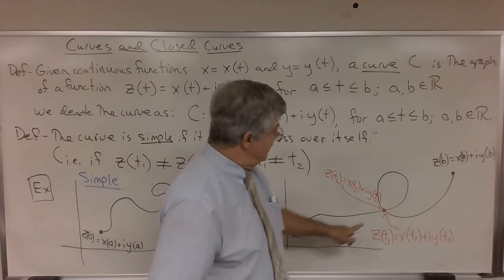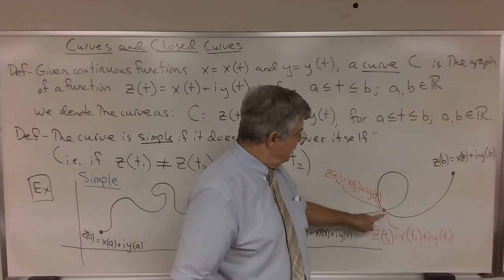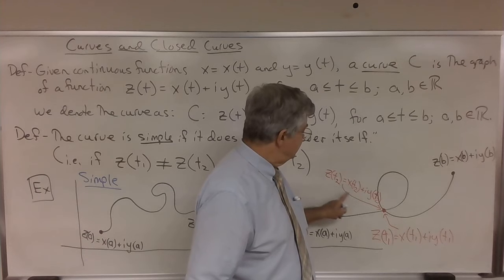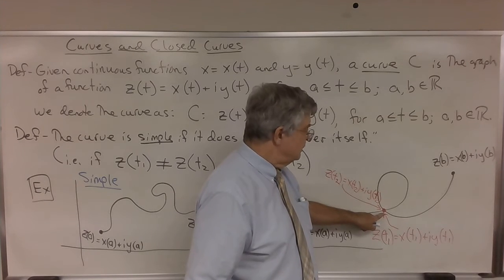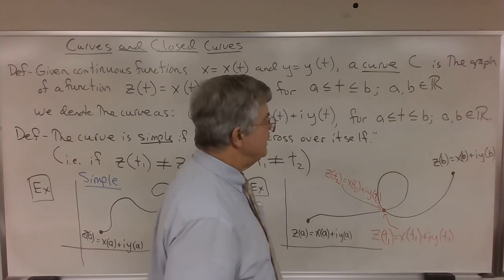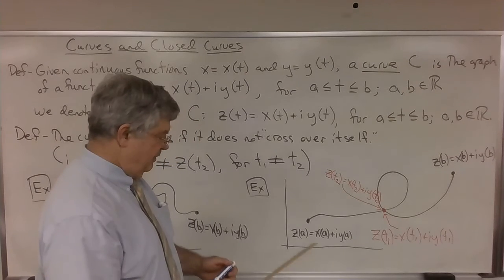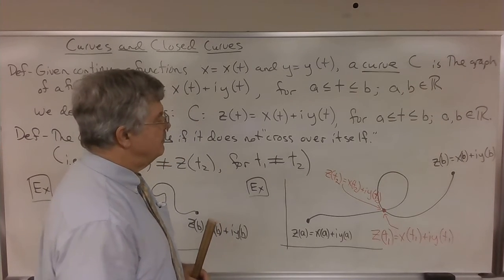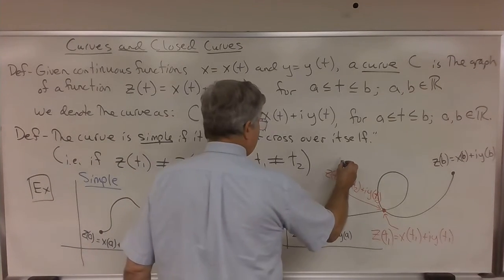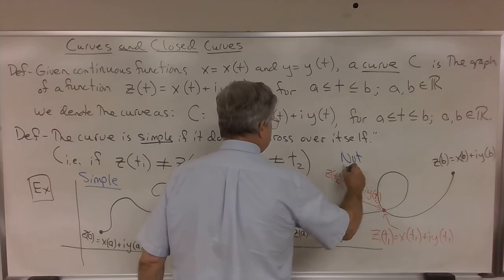And so right at this point, z of t1 and z of t2 are equal to each other, but t1 and t2 are different values of t. So this is not simple.